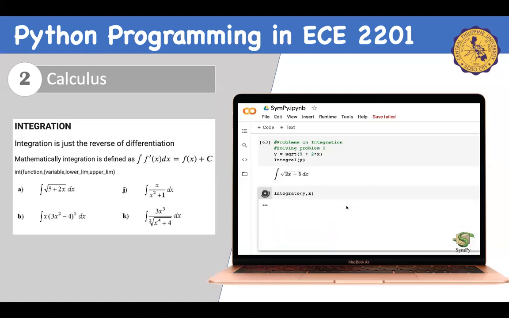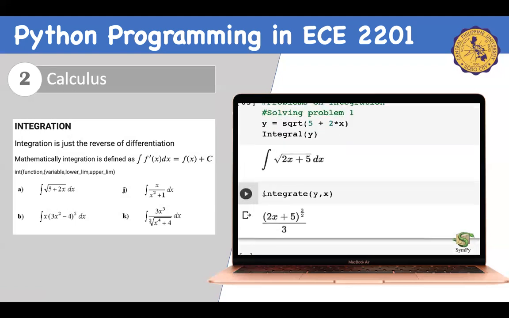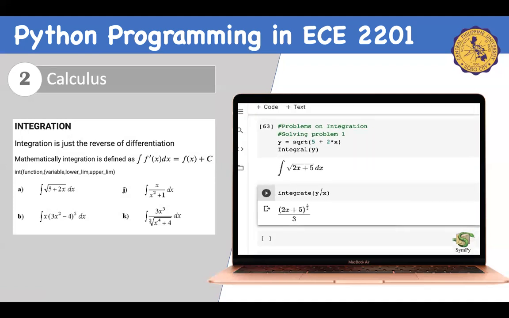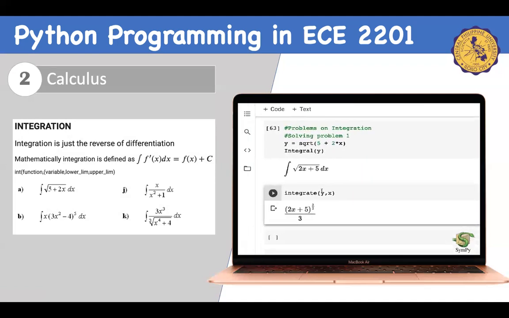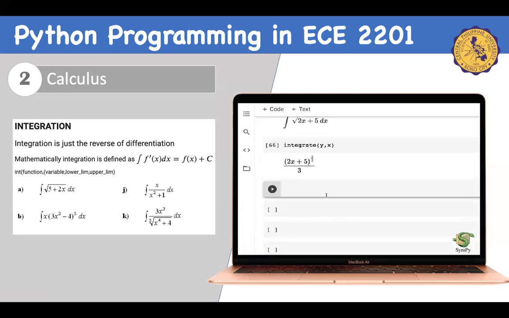So integrate y with respect to x, now you have your integral. Take note, c is lacking here. So let me zoom in the lines. Okay, now we solve for the next problem.